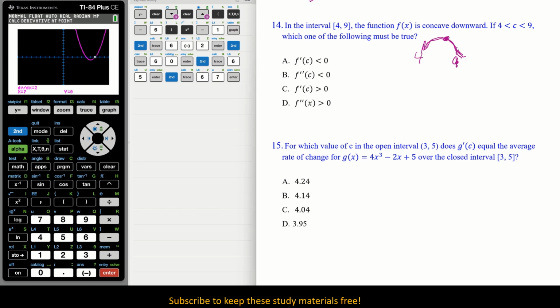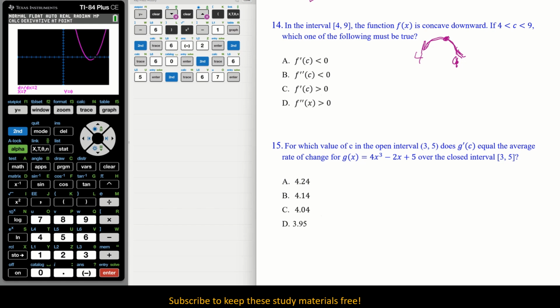Okay. This is not necessarily about where 4 and 9 are. I can tell you right now, this is about what shows us what. The first derivative is related to average rate of change. That is slope. The second derivative tells us concavity.